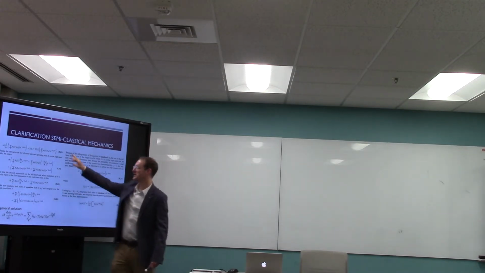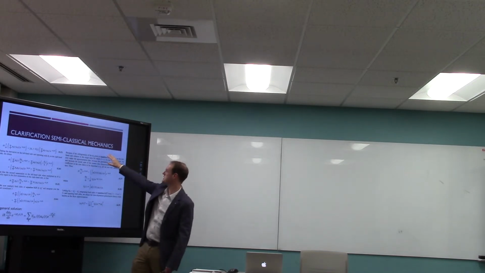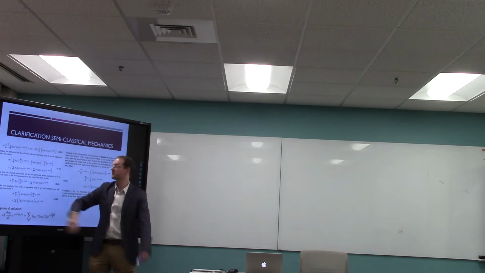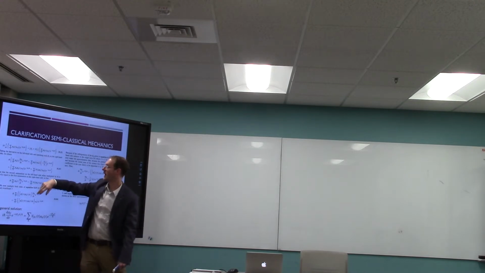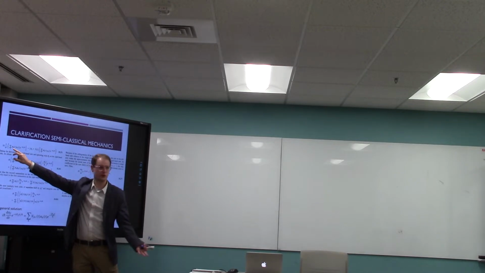So basically, when we were looking at this semi-classical mechanics, we're taking a time-dependent perturbation due to the collision, V of t, and we're using that to solve for the coefficients of the different zero-order wave functions.